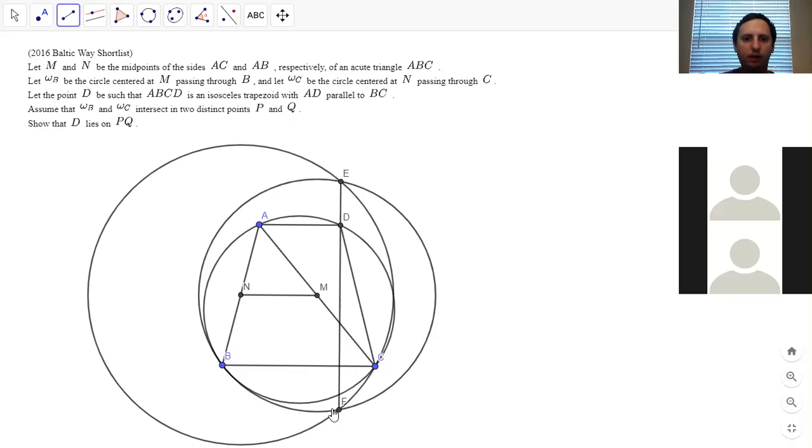So yeah, NC is equal to NE. The circle centered at N passing through C, and the circle centered at M passing through B. So MF is equal to MB, and NE is equal to NC.